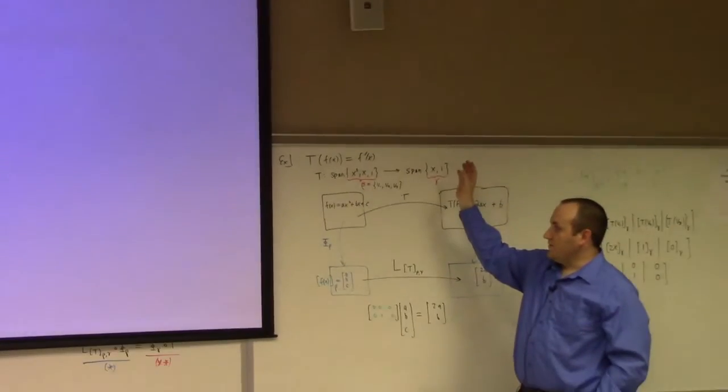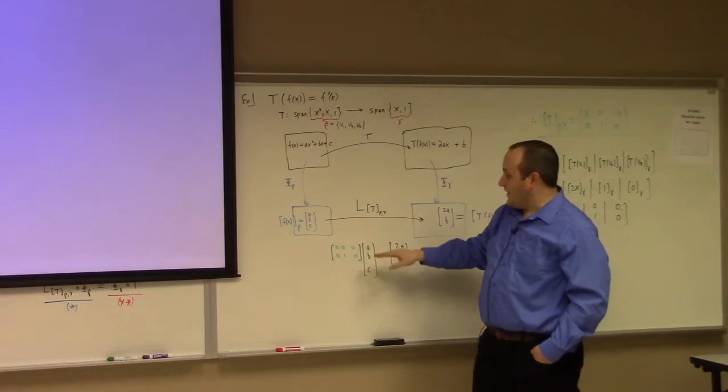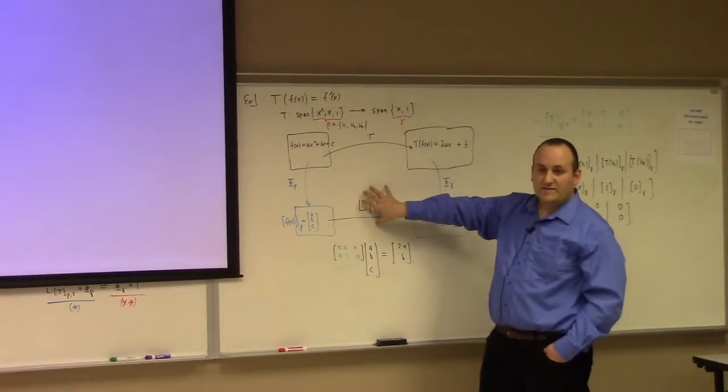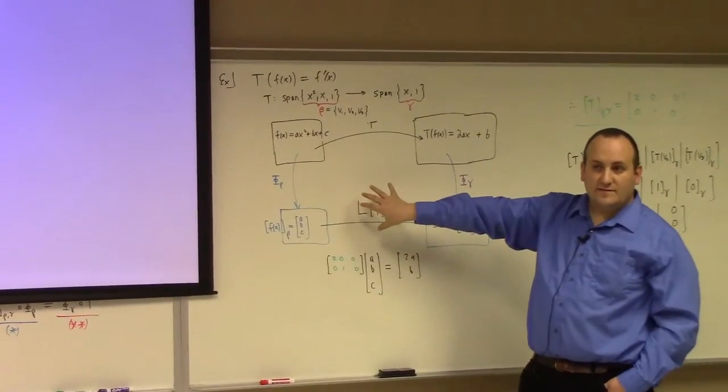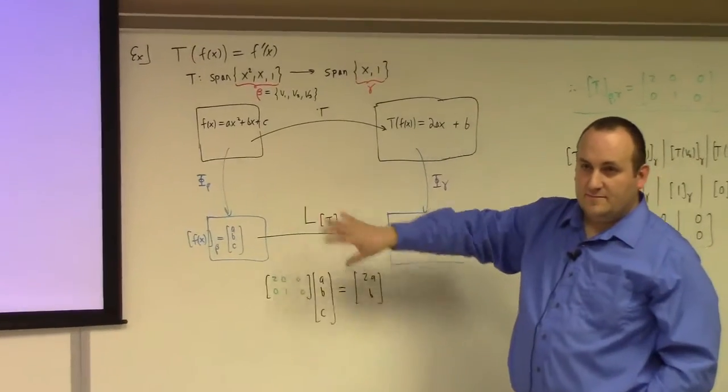How do we define the rank of a linear transformation? The rank of a linear transformation is the dimension of its range, all right? How do you define the nullity of a linear transformation? The nullity of a linear transformation is the dimension of its kernel. What's the connection between the nullity and the rank of the transformation versus the nullity and the rank of the matrix which represents it, given a choice of basis?